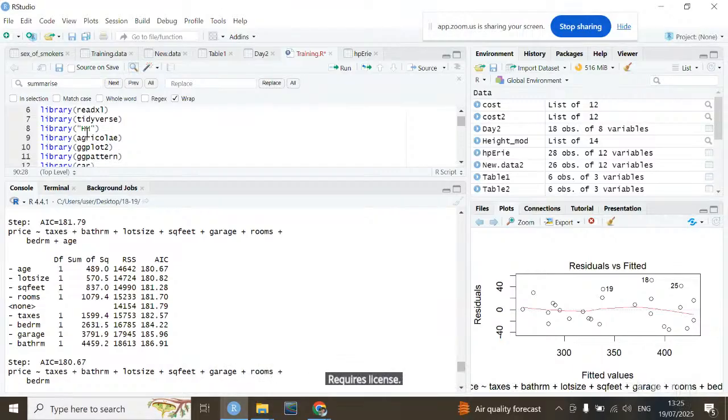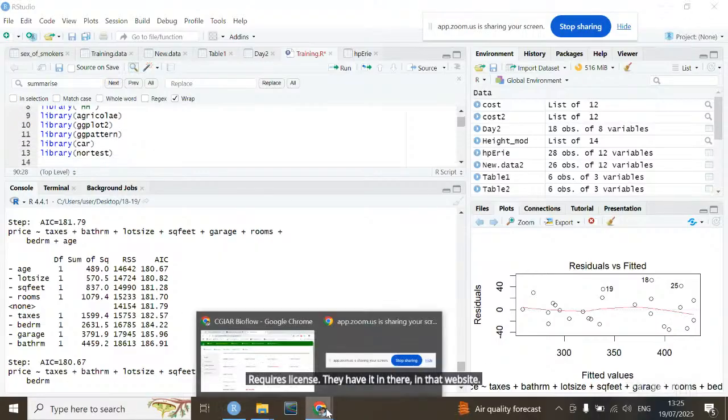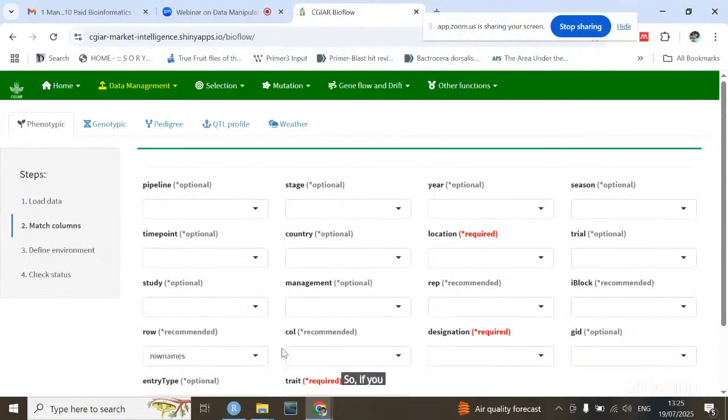They have it on that website. So if you feel like you don't need to write commands, this website already has the commands written. You just bring in your data, fill in the required positions, then run the analysis. You'll get the output in the form of graphs, and some parts are even interpreted.